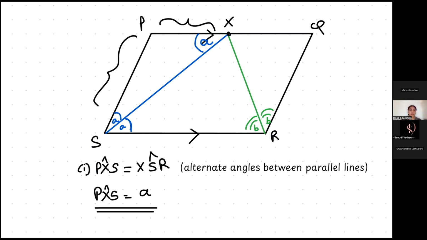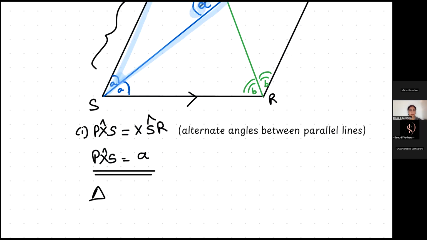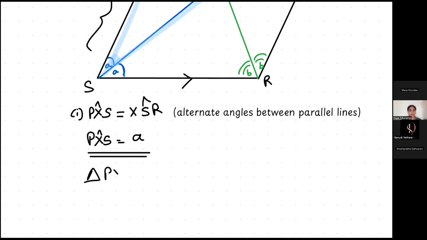Now, if I consider this triangle, මේ angle එකත් A, මේ angle එකත් A. So those two angles equal means this side and this side will be equal. So I will write that in triangle PXS, this angle and this angle are equal.